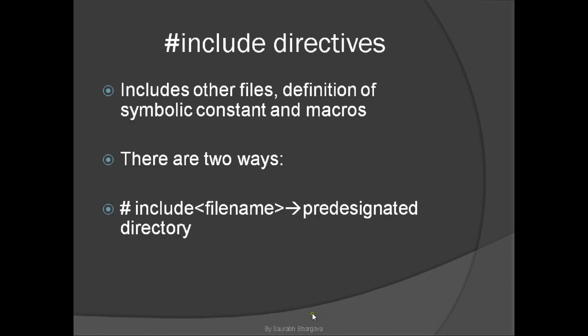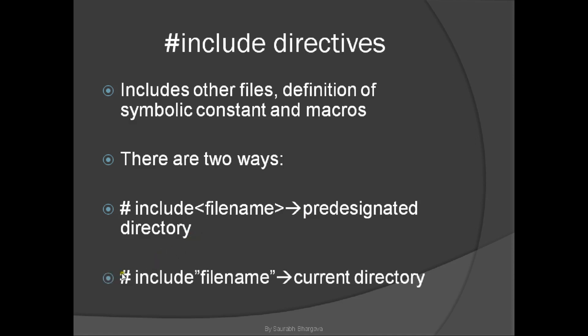When #include is written with angular brackets, the file name is written between the angular brackets, and it searches in the pre-designated directory, like the bin and library folders. When we write #include with the file name in double quotes, it searches in the current directory first. If it is not found in the current directory, then it searches in the pre-designated directory.